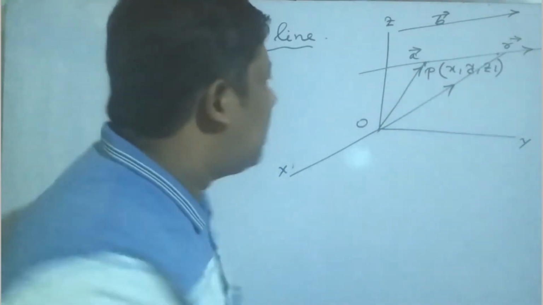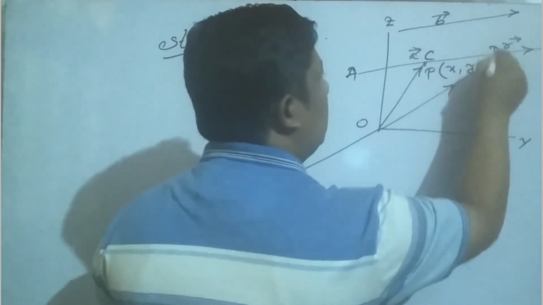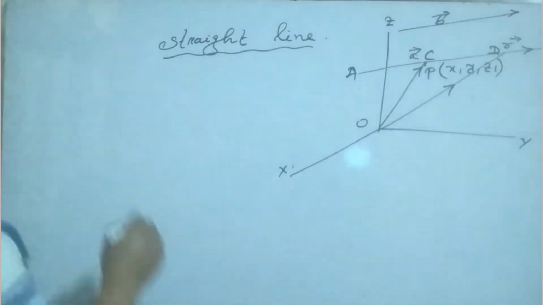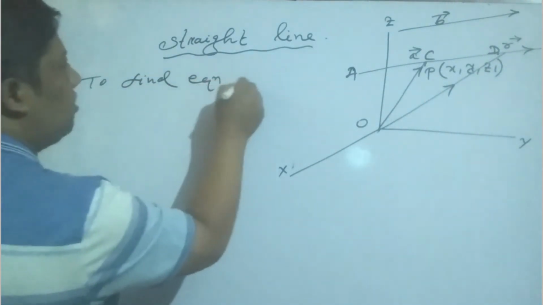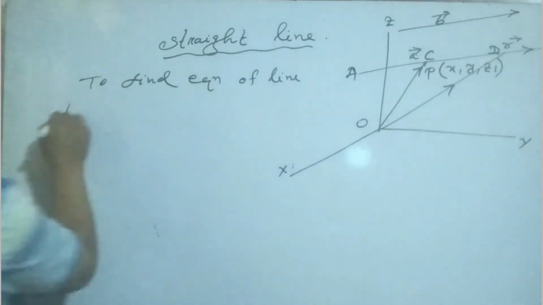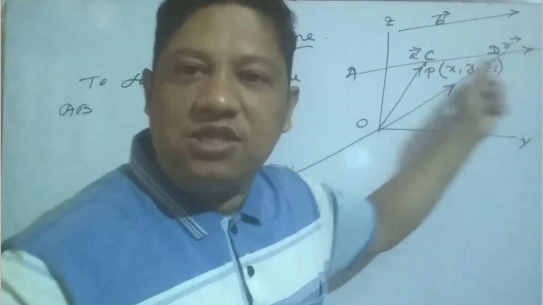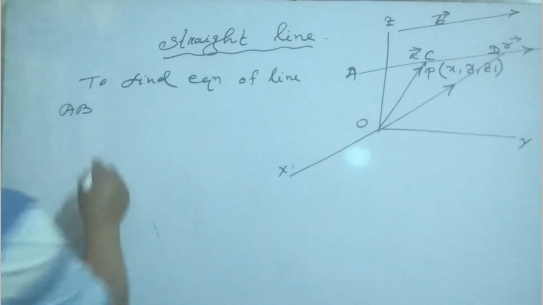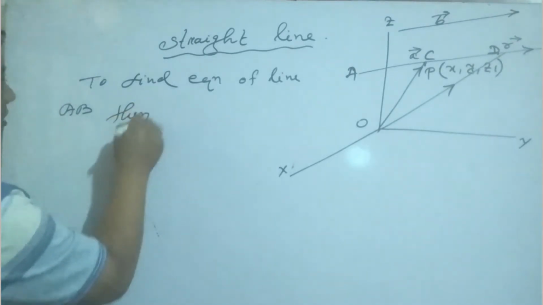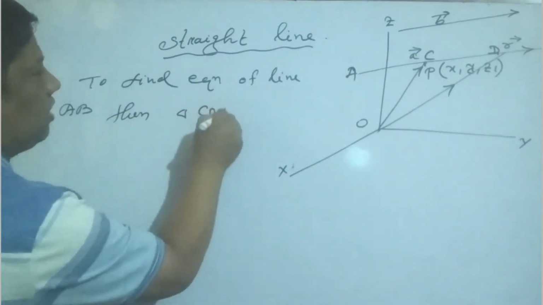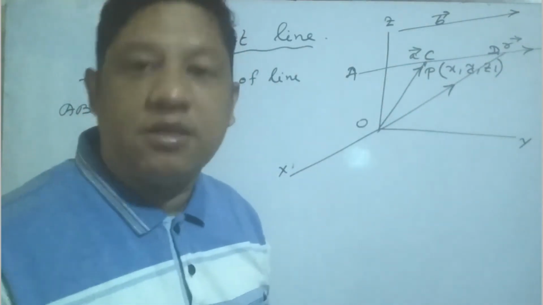Suppose this line is A, B, and C, D, and O. So to find the equation of line AB, my students, in triangle COD, you can use the vector law.